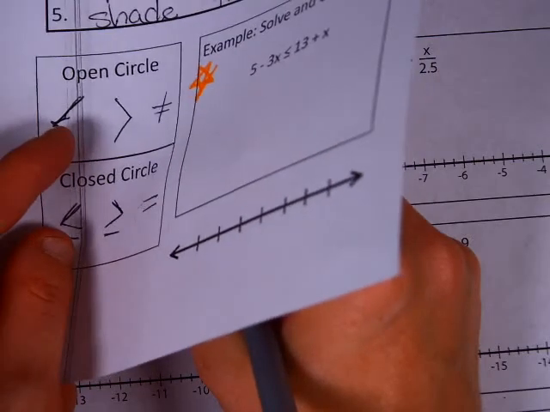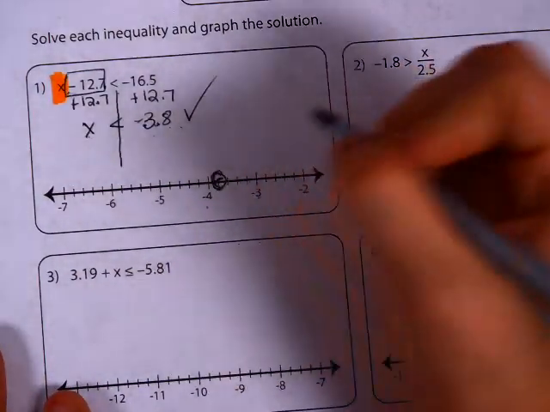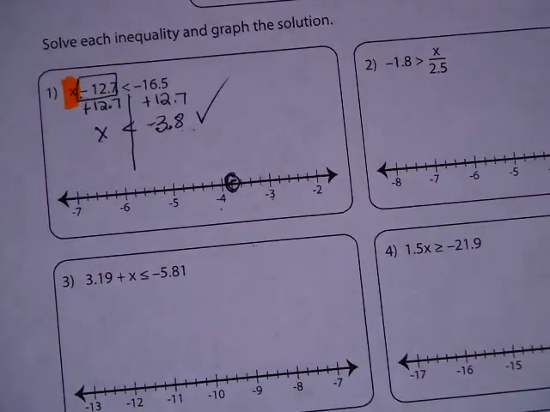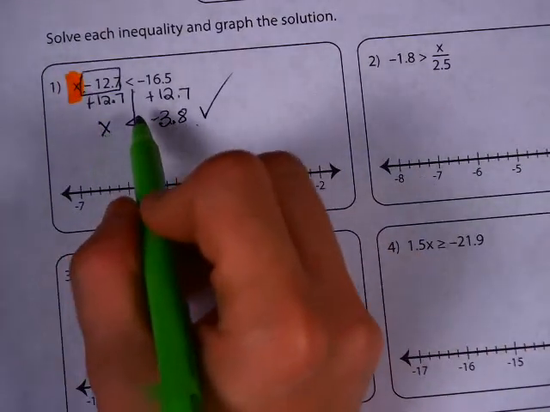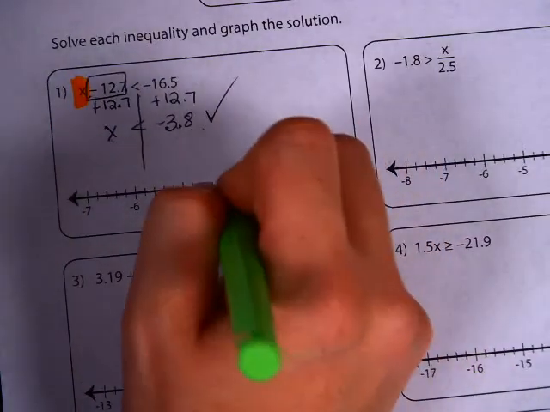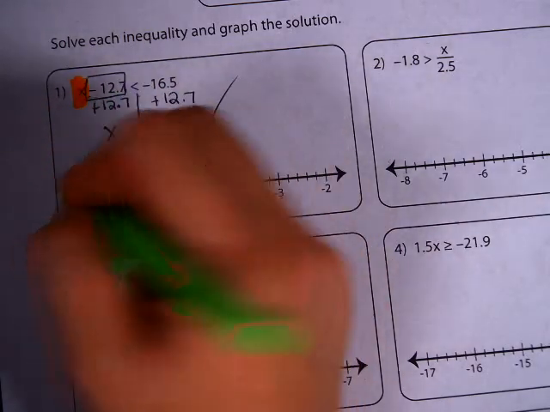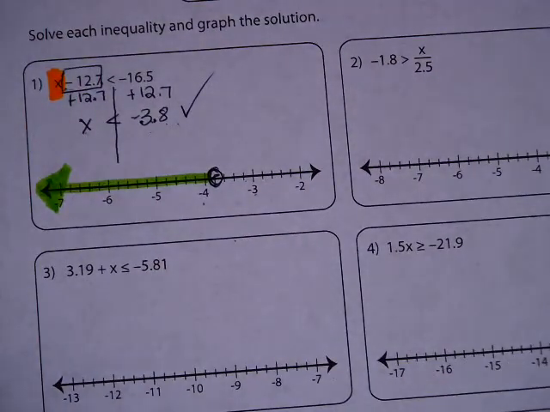It's right here. It's open circle. Whoops. So I need to do an open circle. And then I have to say, okay, it's pointing this direction. So I've got to shade everything that direction. Okay?